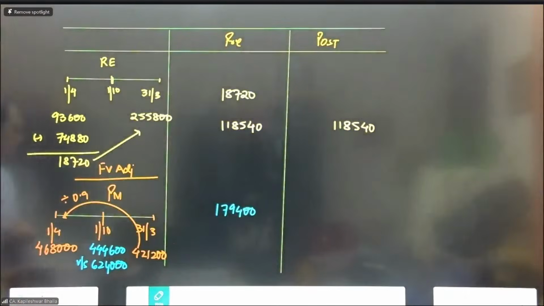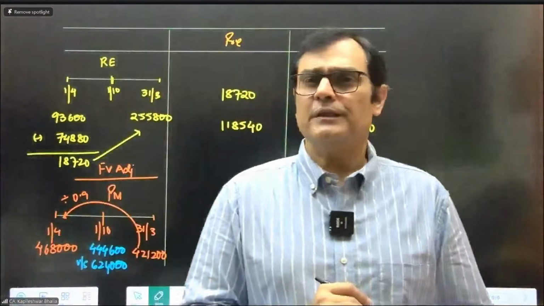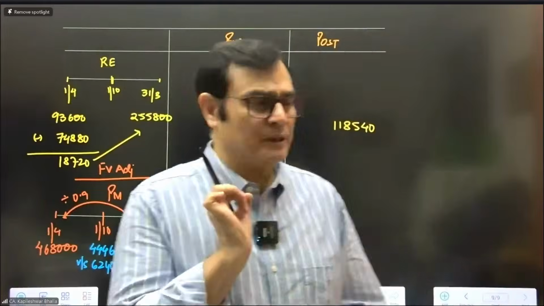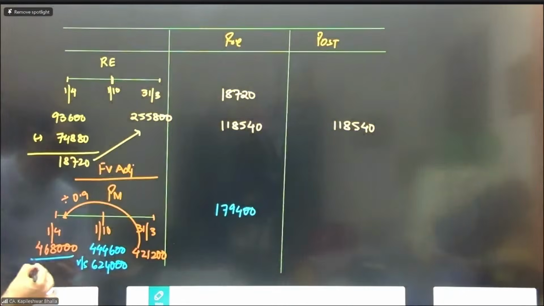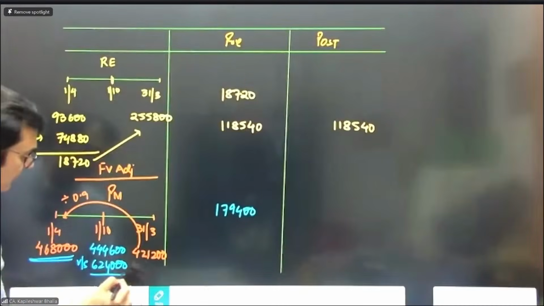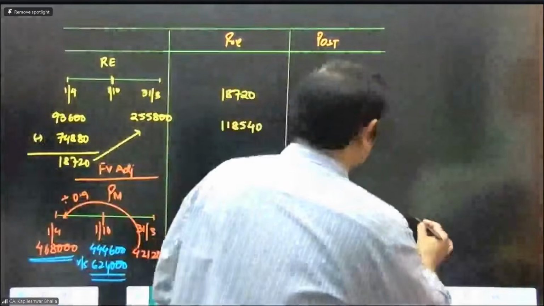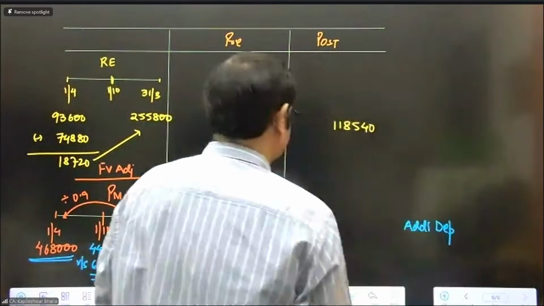And immediately when you consider the fair value adjustments, then there is a need to consider the additional depreciation as well. We have taken the depreciation on this figure, but we should have taken a depreciation on this figure. So we'll consider from the post-acquisition column the additional depreciation.